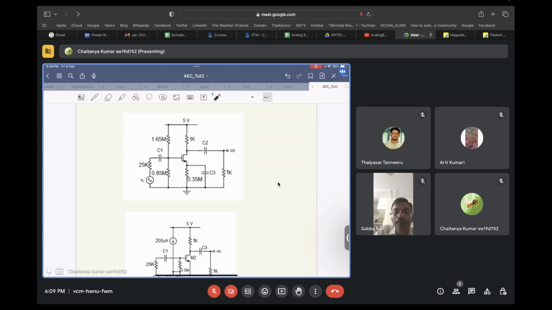When we go to the small signal analysis, these capacitors will get shorted. When this bypass capacitor gets shorted, we have a ground over here. Since the source is grounded, the input is given at the gate and the output is taken at the drain, this circuit behaves as a common source amplifier.